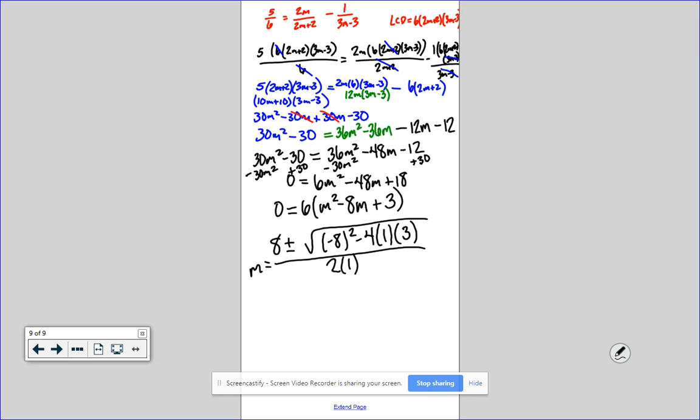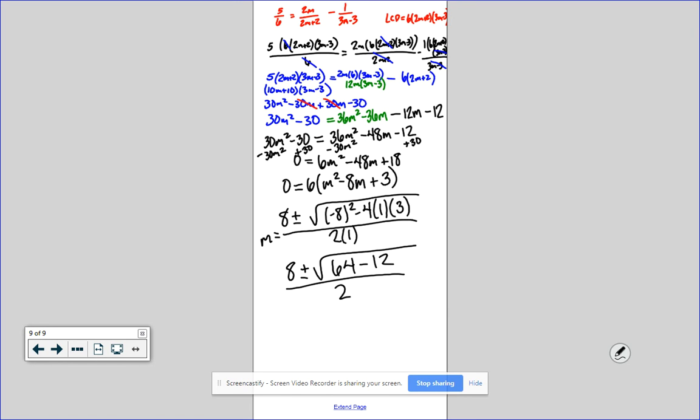So I've got 8 plus and minus the square root of 64 minus 12 over 2. So I get 8 plus and minus the square root of 52 over 2.